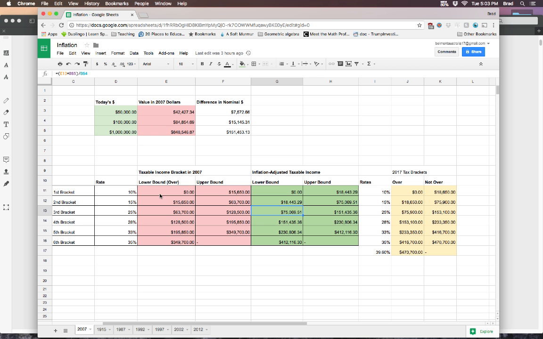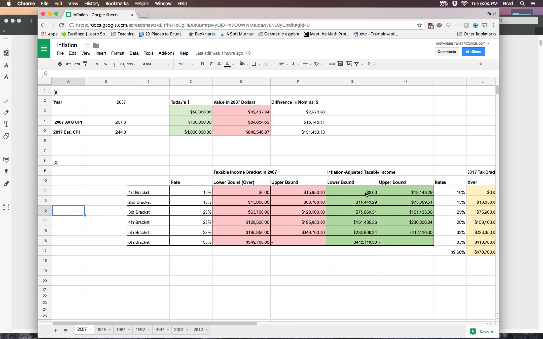So this is what the 2007 brackets would look like if we adjusted them according to inflation. And then this is what they actually look like. And so it's quite close, actually, in actuality. Some of these numbers look like they've increased fairly appropriately with time, with inflation.